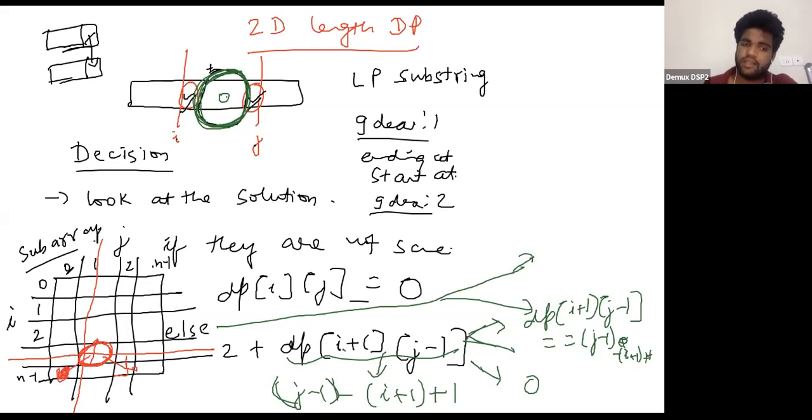This is i plus 1 and j minus 1. When we are here, we are using this value. When we would be here, we'll be using this value. So we are using a diagonal value. Correct? So how should you go about filling this?